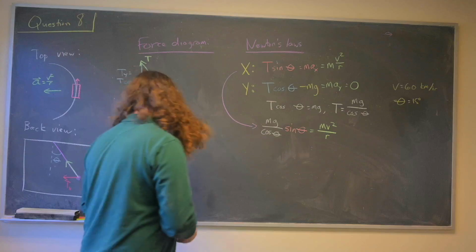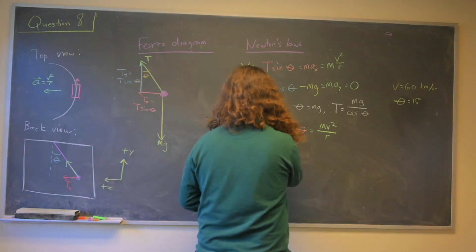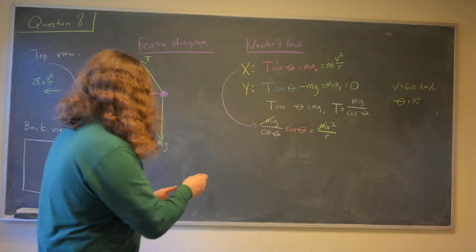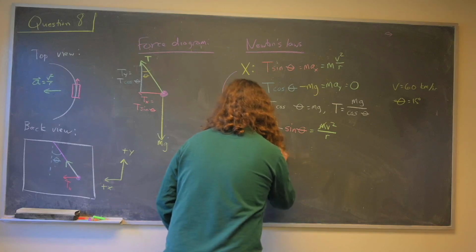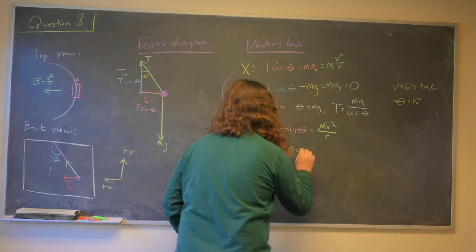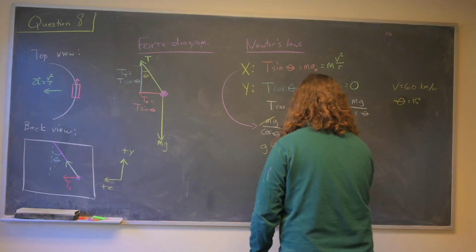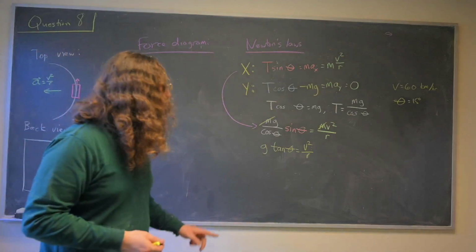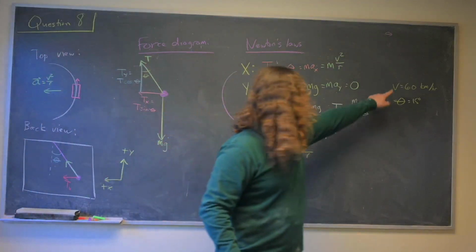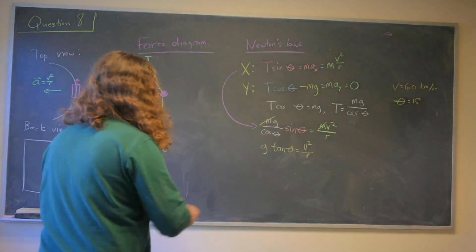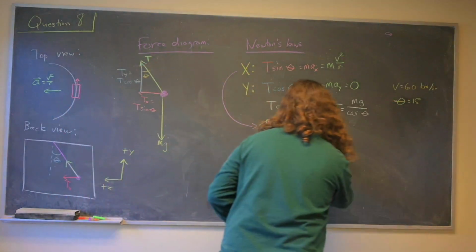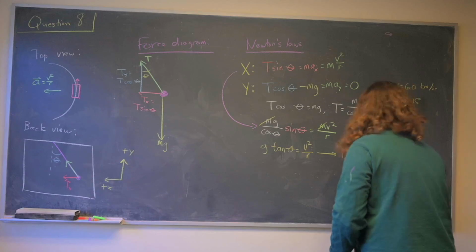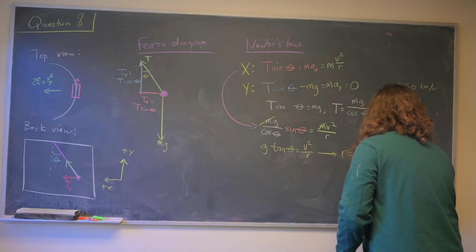So right away, I can get rid of my masses. And I notice that sine over cosine is tangent. So I have g tangent theta equals v squared over r. Now the question asks us to find the radius of the curve given the velocity and the angle. So let's just solve that for r. This is r equals v squared over g tangent theta.